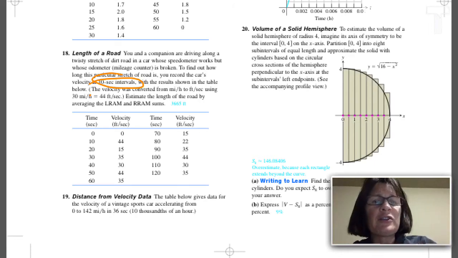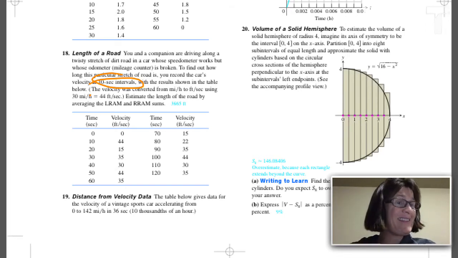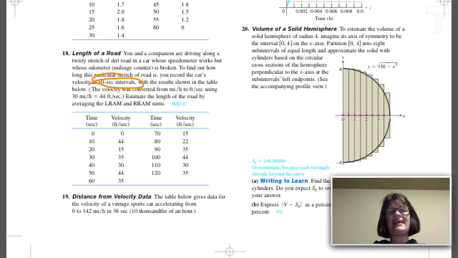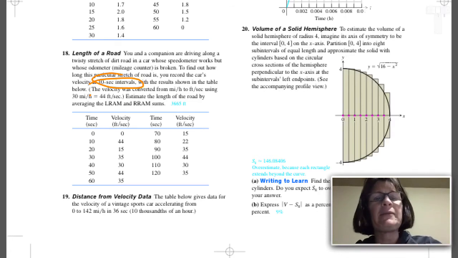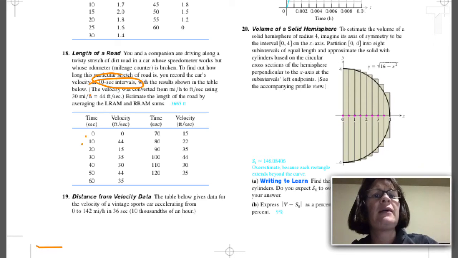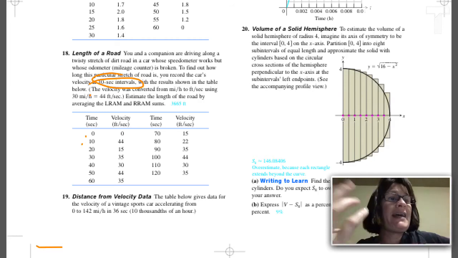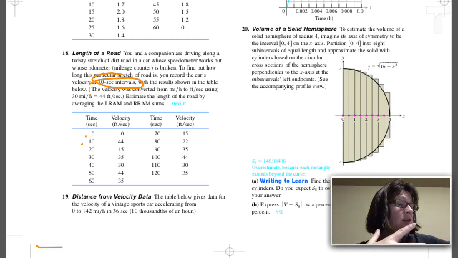So our first rectangle, this is the key. If you can do a rectangular approximation problem without actually drawing in the rectangles, that's the sign that you're on track. So think about that first rectangle. It has a distance across the bottom of 10 because it's going to cover from 0 to 10. How tall is the rectangle? Well, notice here we've been asked to use both LRAM and RRAM and then to average the two results.